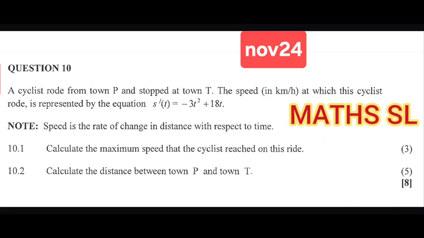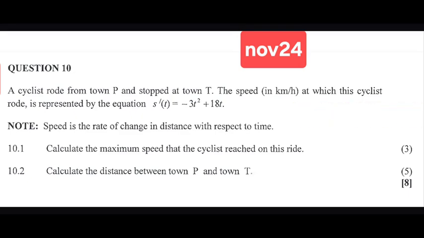I'm Thaqib Latif. This is the optimization question from November 2024, last year. The question says a cyclist rode from town P and stopped at town T. The speed in kilometers per hour at which the cyclist rode is represented by the function whose first derivative of t is equal to negative 3t square plus 18t.